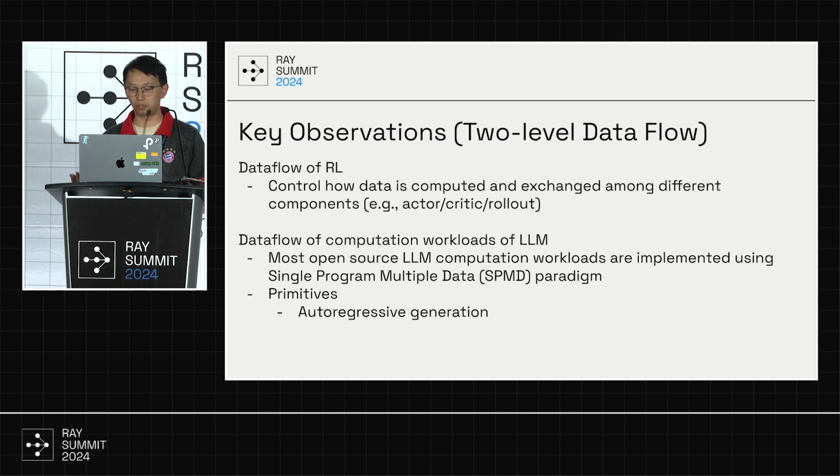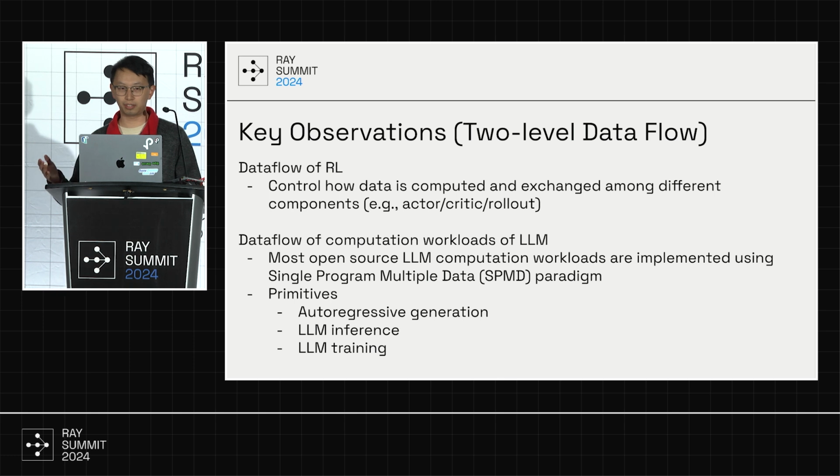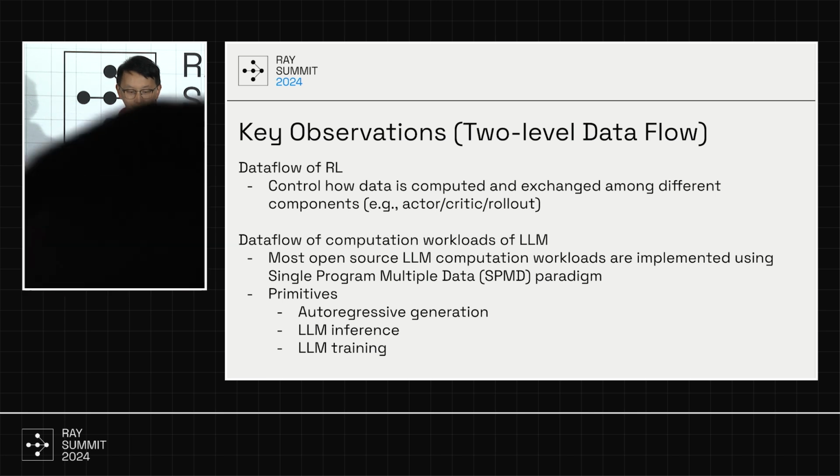First, autoregressive generation, just like what vLLM and SGLang do; it just autoregressively generates tokens. Also LLM inference, where we just have a forward pass. And also LLM training: we give them a batch of data, perform forward, then backward, and then the optimizer step. Each of the primitives is done in a distributed fashion.